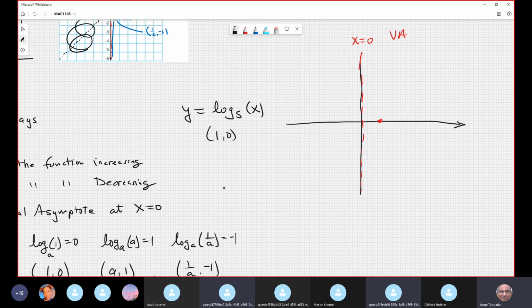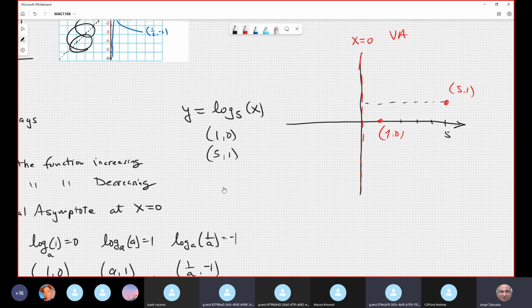Another typical point is the base. The base is 5, so (5, 1). Counting 2, 3, 4, 5, that point is the point (5, 1). That other point was the point (1, 0).